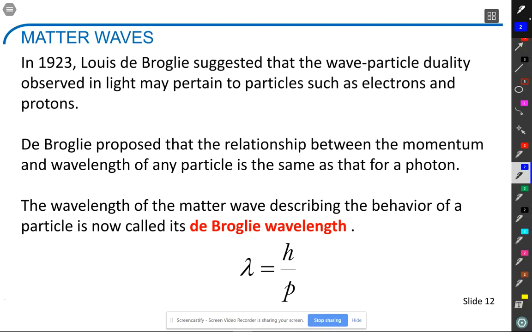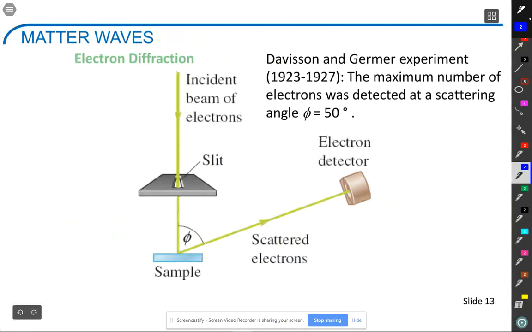Now that's one of the two origins for quantum mechanics. The other origin of quantum mechanics comes from Werner Heisenberg. Werner Heisenberg was trying to figure out where the electron is in an atom.